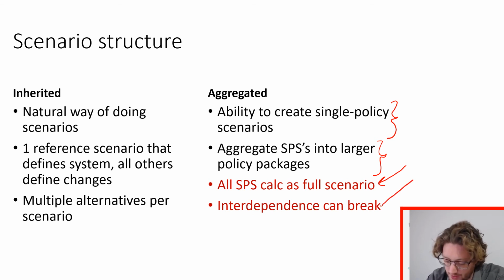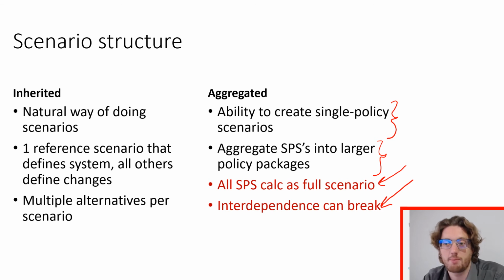Also, if you have two single policy scenarios at the same level that change things in the same place, then you can break your calculation and it will warn you. That means if I have a policy of getting more people to take public transport instead of going in cars, and I at the same time have a policy of having more people take their bicycles instead of their cars, well, they both will try to reduce the number of cars.